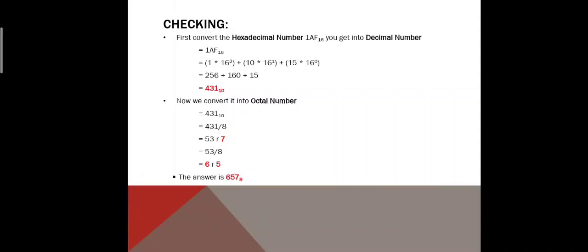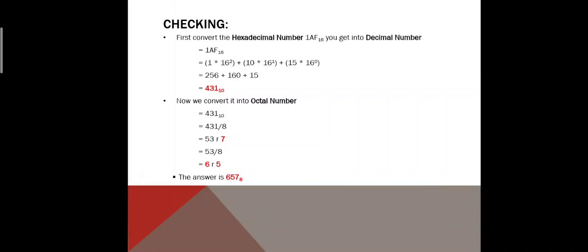So, 1 times 16 raised to 2 equals 256 plus 10 times 16 raised to 1 equals 160, and 15 times 16 raised to 0 equals 15. So, ang equivalent pala ng 16 raised to 0 is 1, and 16 raised to 1 is 16.